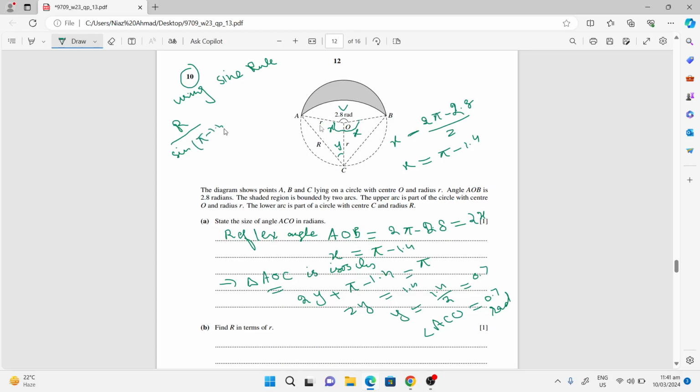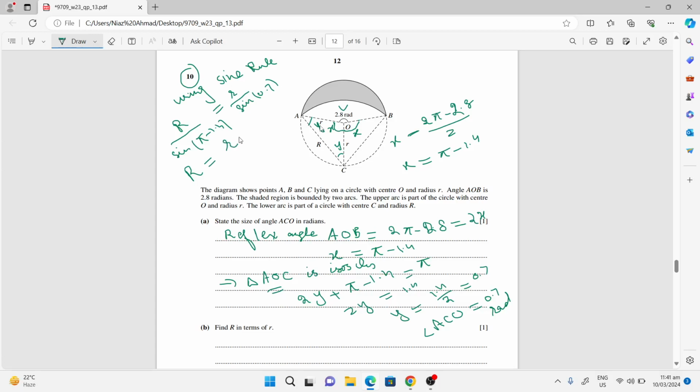So you will write R over sine of pi minus 1.4 equals the other side, small r, over the angle we found, y. If this is y, and our y is 0.7, you will write sine of 0.7 radian. So you are supposed to get your capital R in terms of r.